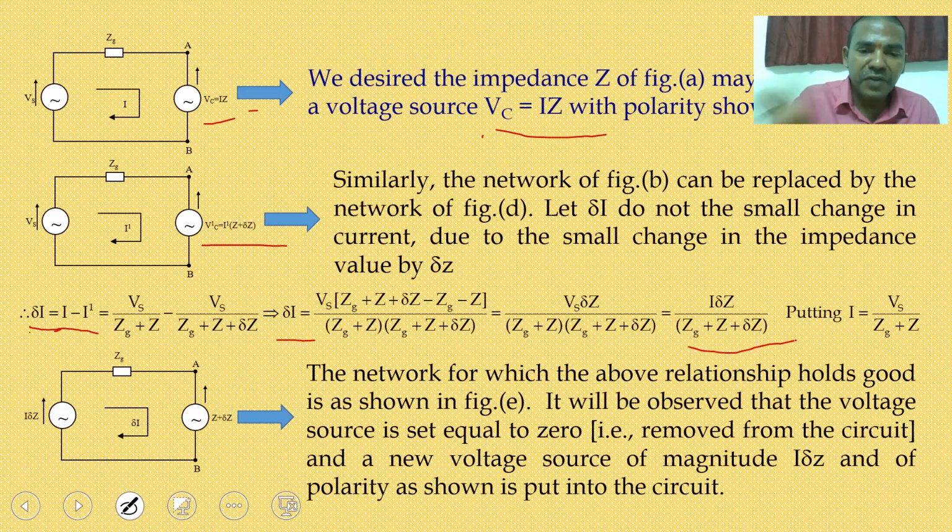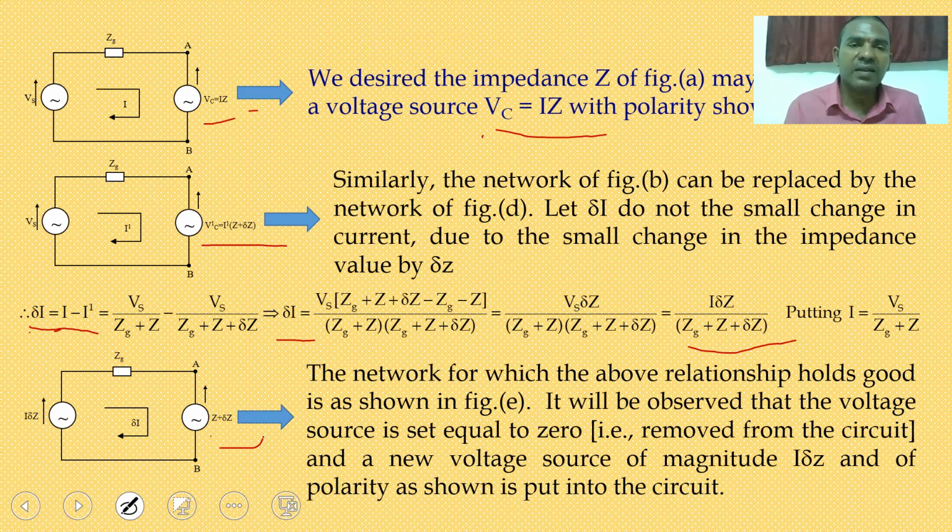That difference you compensate by using the last circuit. The current source will be delta I into delta Z. That value you compensate to maintain the voltage as well as the currents the same.